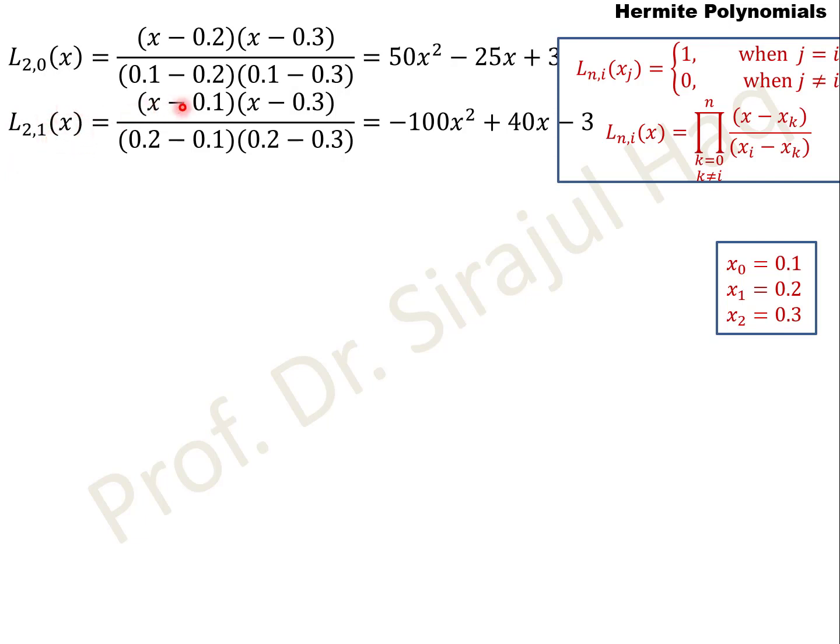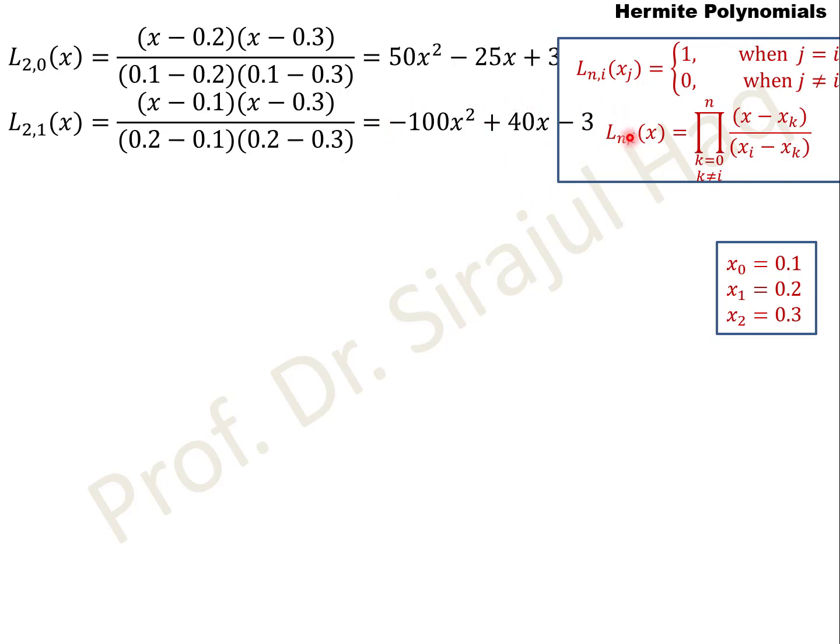So x1 is missing in the numerator, x1 is 0.2. So x minus the rest of the points, x minus x naught, x minus x2, divided by, replace x by x1. So x1 is 0.2, 0.2 minus 0.1, 0.2 minus 0.3. And if you simplify this one, you are getting this polynomial.